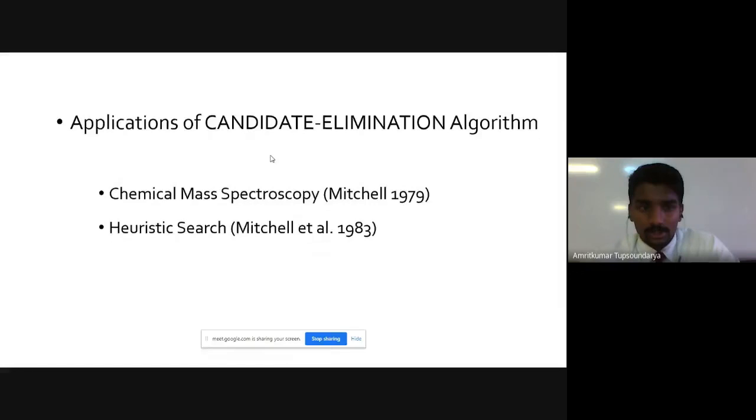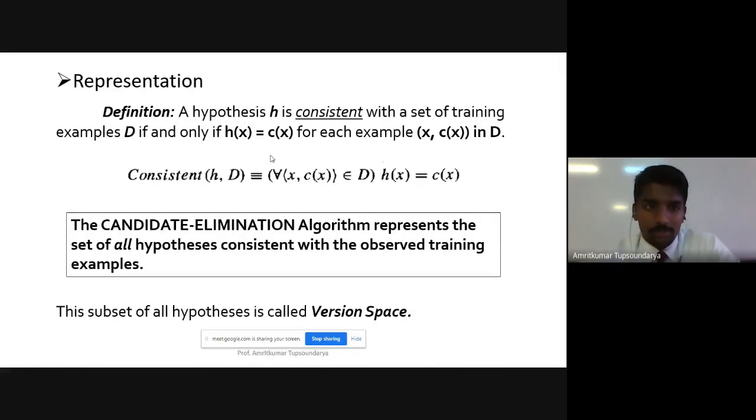Before discussing the version space, we defined what consistency is, when a hypothesis can be called consistent with the training example D, and when a particular hypothesis is satisfying the training example set, which is denoted by capital D again, right?